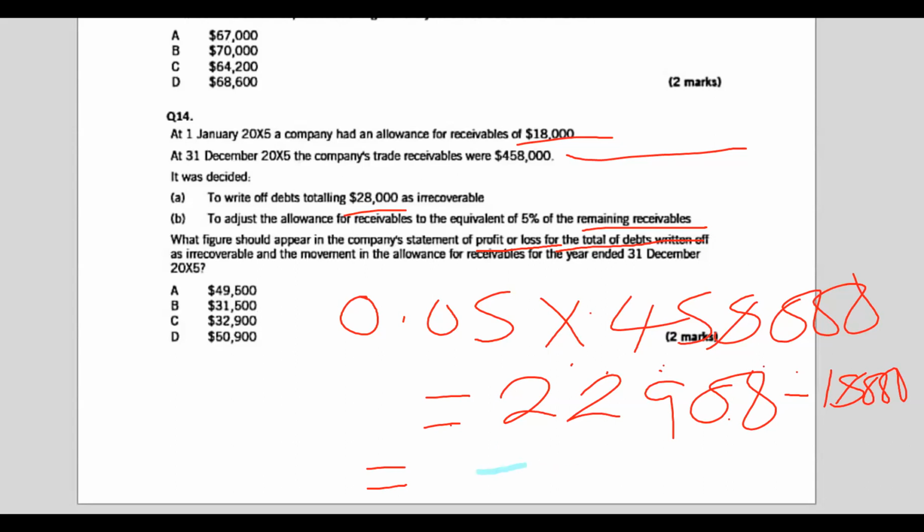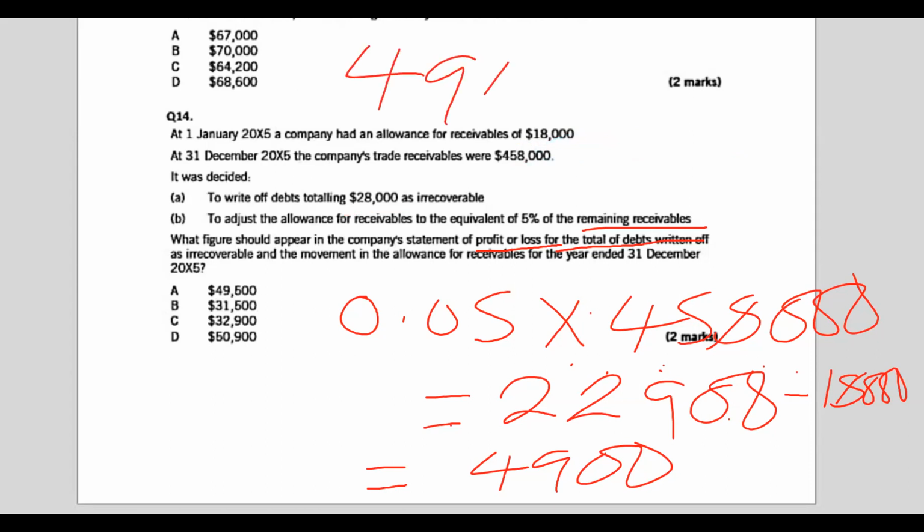4,900. Yes. So since we have a positive number, which means it's increasing, it becomes an expense in the trading profit and loss account. It's an expense.